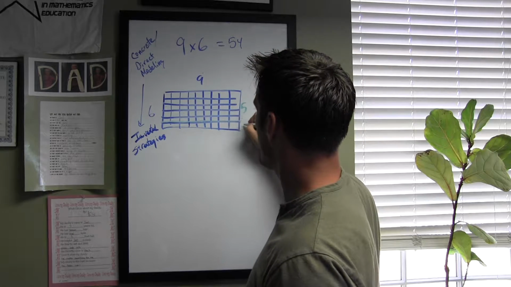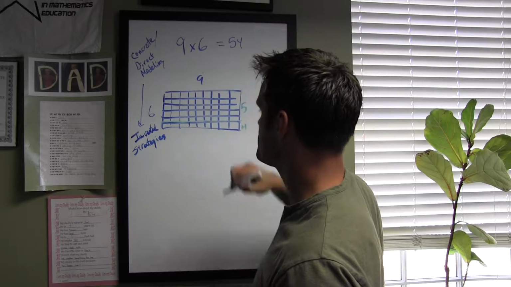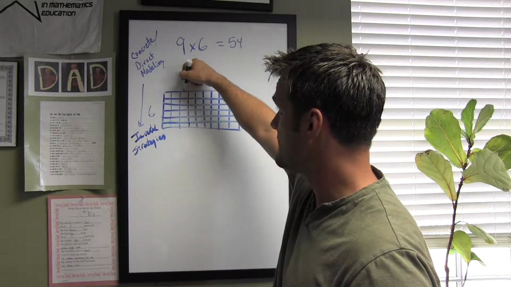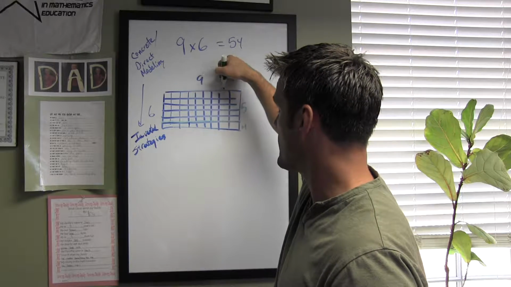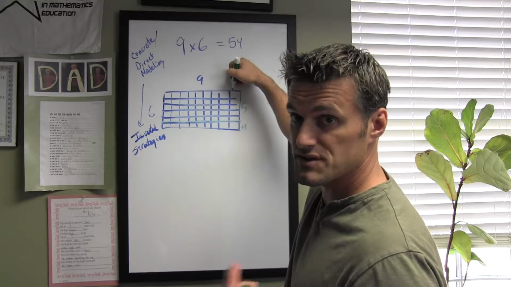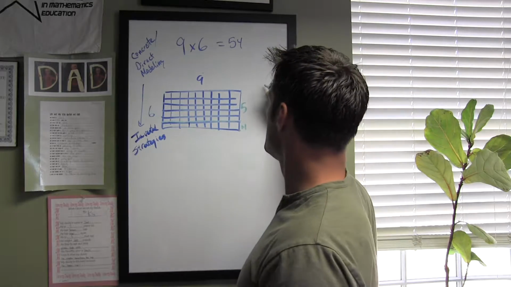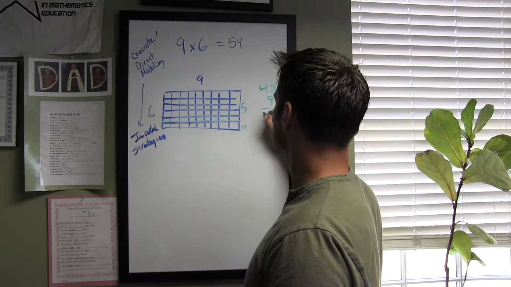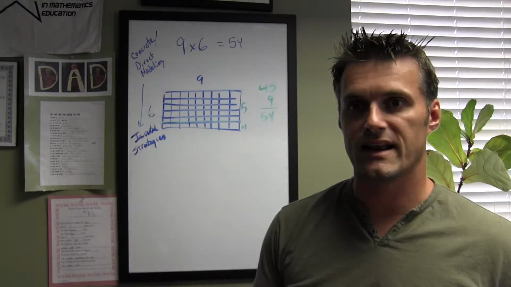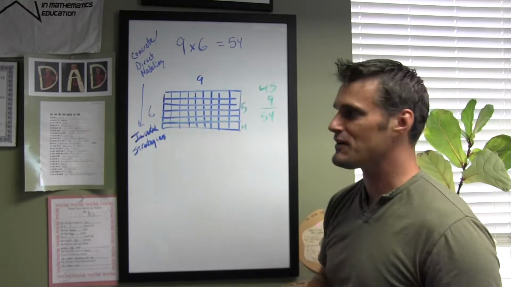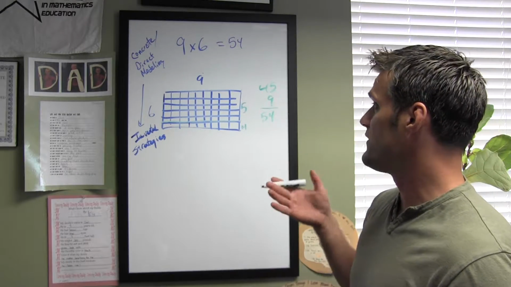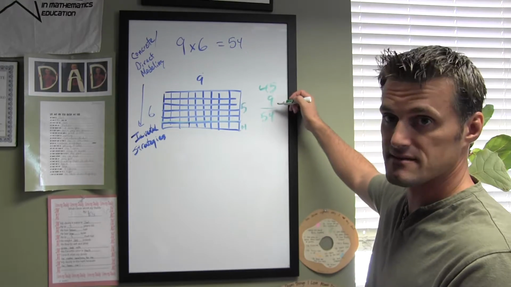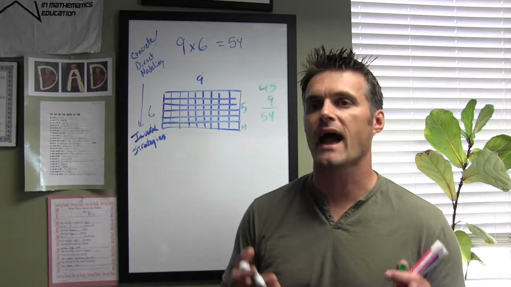So this would be 5 plus 1, so 5 times 9: 5, 10, 15, 20, 25, 30, 35, 40, 45, right? Kids are used to counting by 5s, and then I'm just adding one more 9. That gets me to 54. So I can add a 9 on, or even go further, going back to the other thing: I know 45 plus 10 is 55, but 9 is one less. Go back to 54.